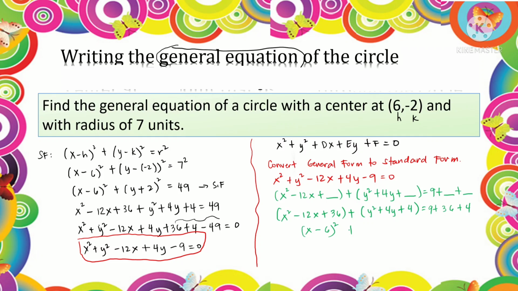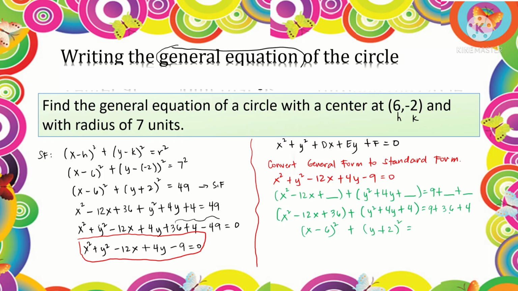So correct. Plus, the same goes with this one, y plus 2. Since 2 times y times 2 is 4y, the middle term, the square of the first and the square of the last. Okay?